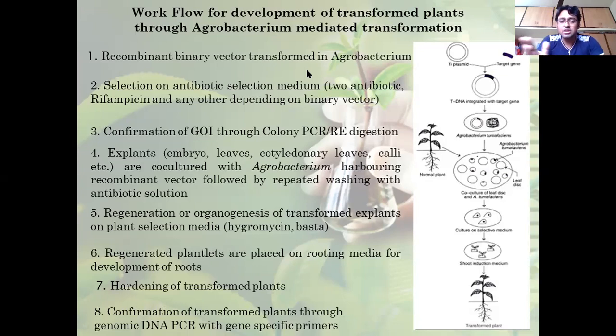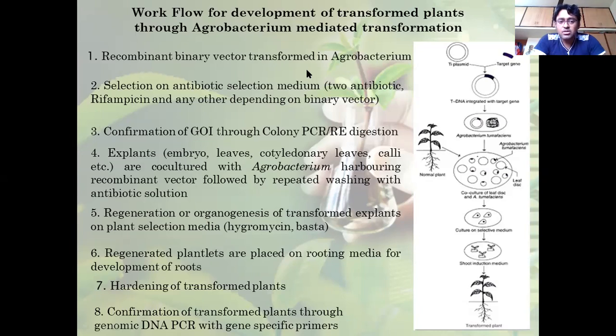It may be kanamycin, it may be ampicillin, whatever it may be, just like the E. coli system. Next, we will check whether the recombinant vector is introduced within the Agrobacterium or not. Through colony PCR or restriction enzyme digestion, we can check that yes, my gene of interest is there.